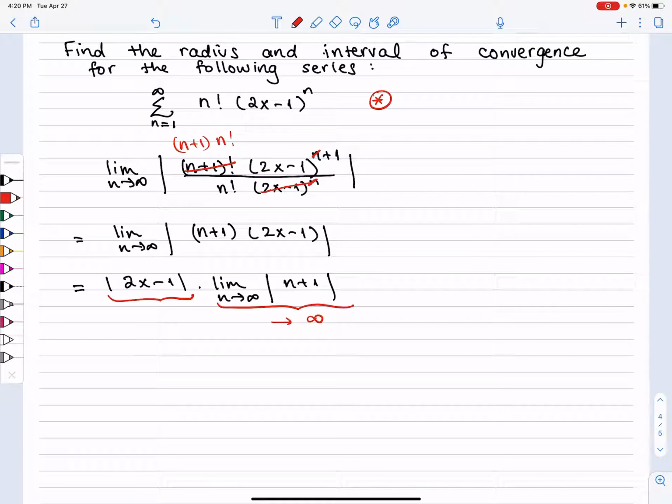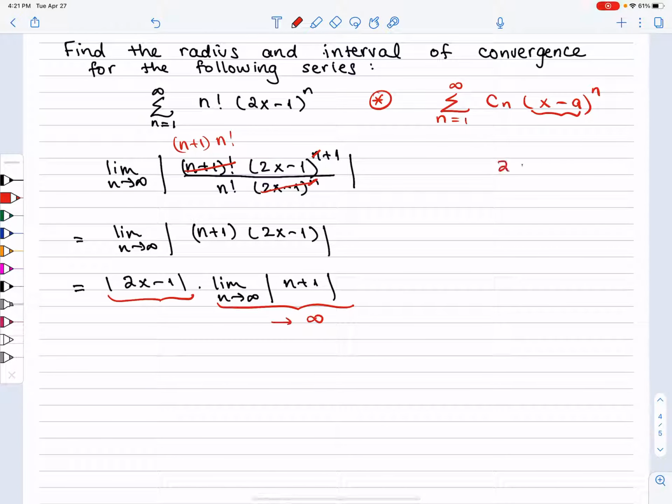Now, what is the center? The center, remember, you need to have your power series in the form of sigma as n goes from 1 to infinity of c sub n times (x minus a) to the nth power. So we are going to need an x minus a.